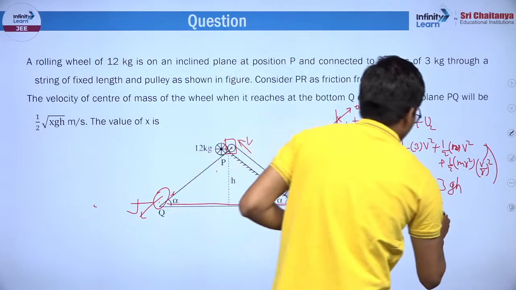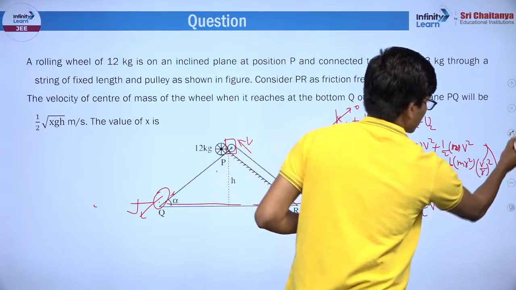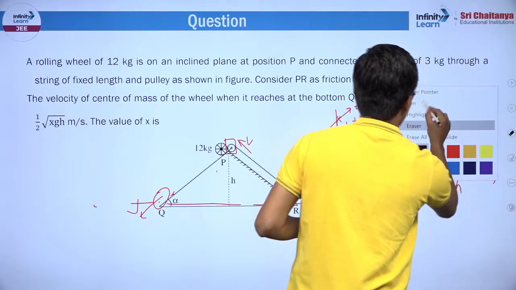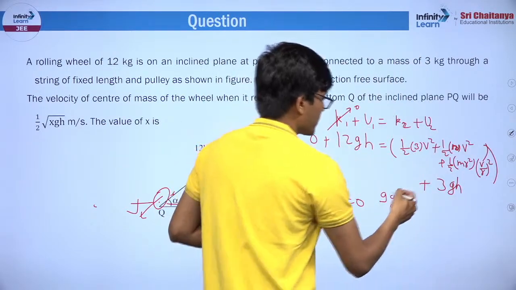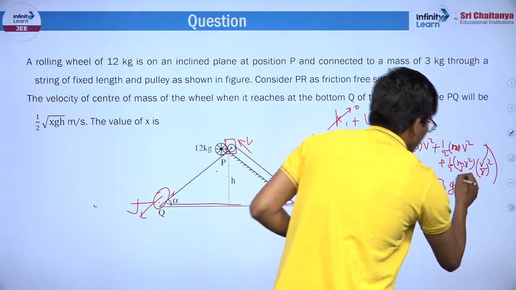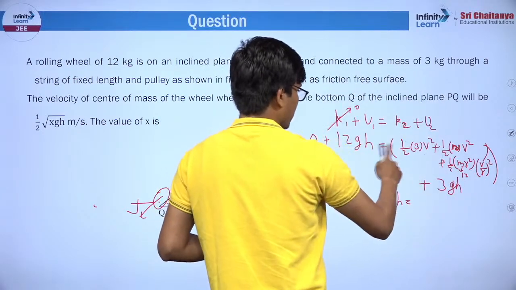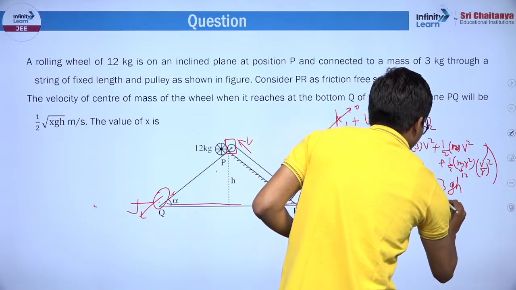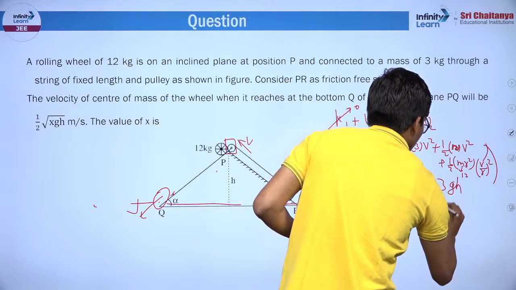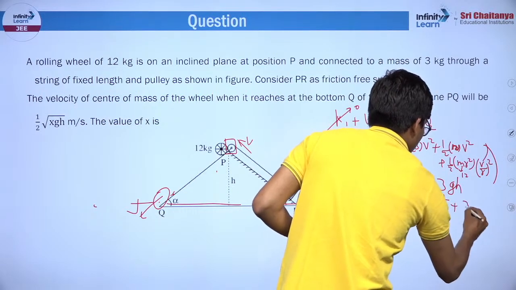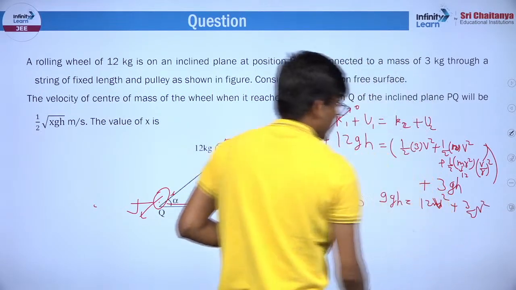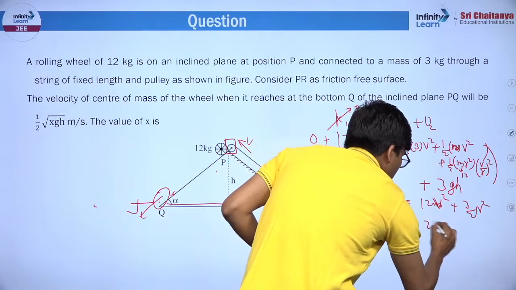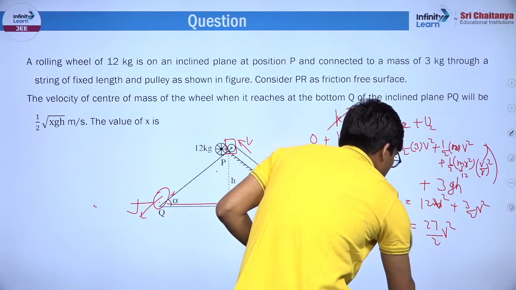it should not be 5/2, m is basically here it should be 12, right? So 12 half and so 12 by 2 v squared plus 3/2 v squared will be the answer, that is 9gh is equal to 27/2 v squared.